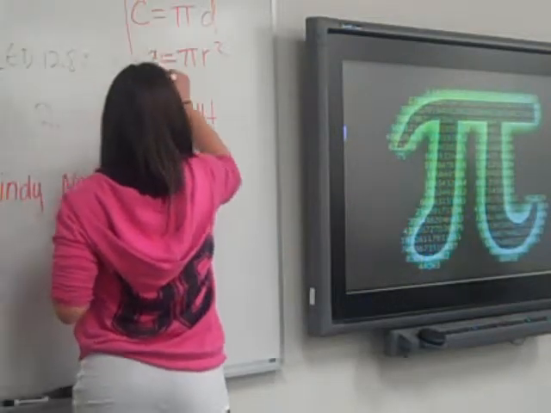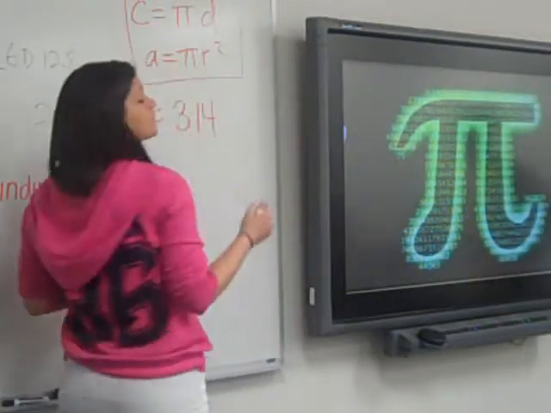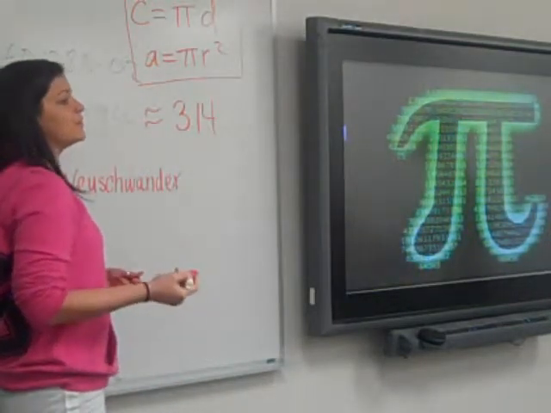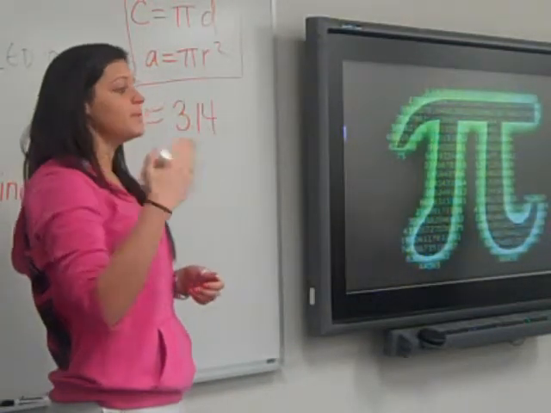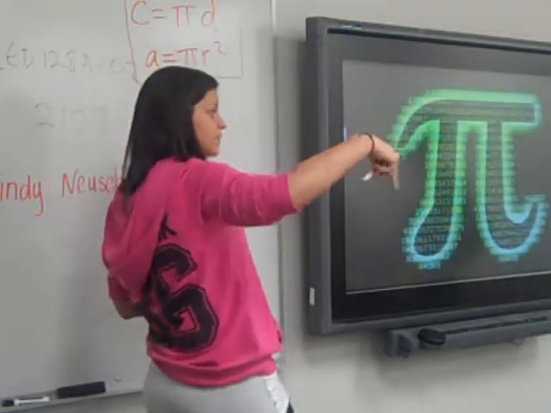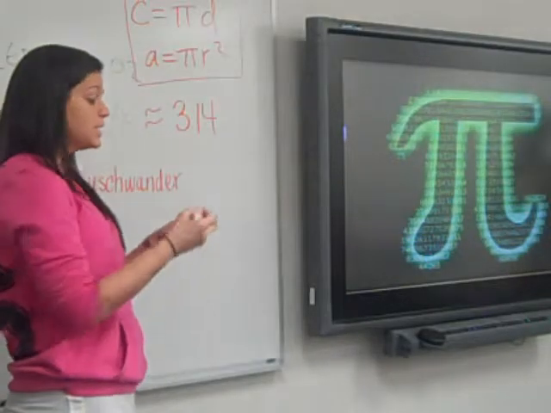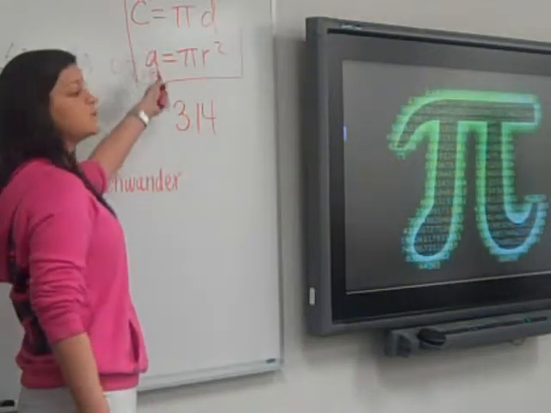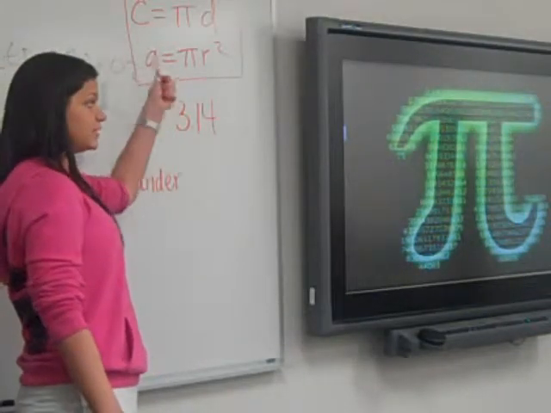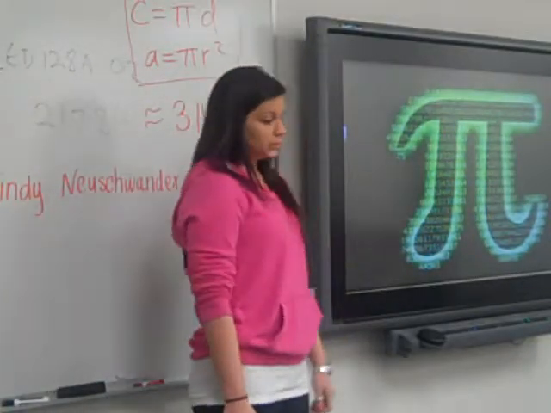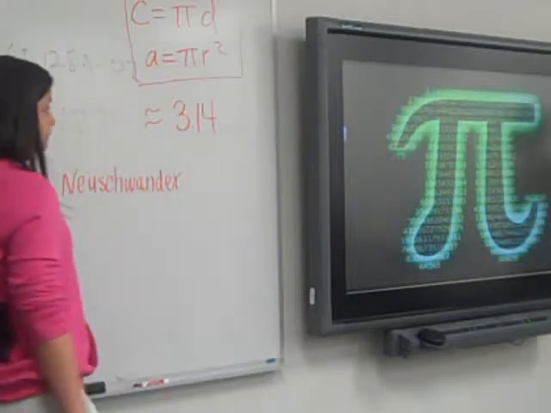This would be like procedural learning. But some kids, or even myself, would be on a test thinking, apple pies are delicious, cherry pies are too, and you don't really understand. But if you did this example with the children where they actually have to figure out the relationship between circumference and diameter, then there's no way you can mess this up because you'll know it instead of just memorizing a silly formula. Too many times, teachers just throw those formulas out: here's a trick to remember.